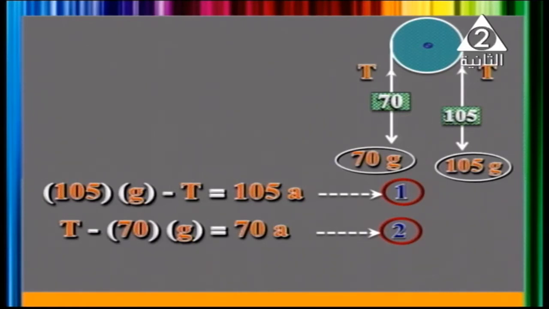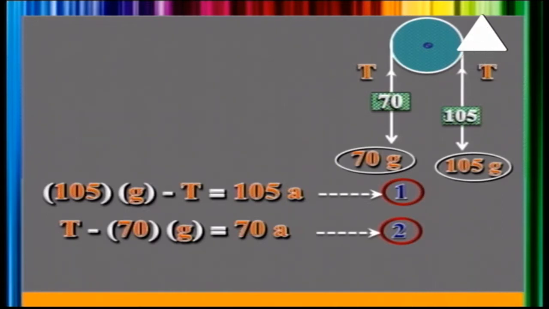Using the rule ma equals mg minus T, what is the m? 105 times g minus T equals 105a. For the second equation, start from T because the system is moving from up to down with the first mass 105, then T minus 70 times g equals 70a.